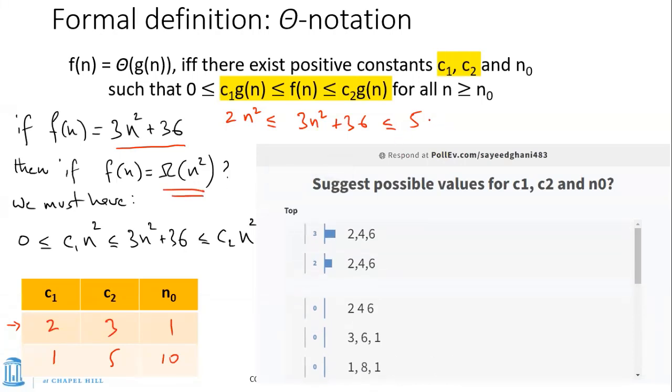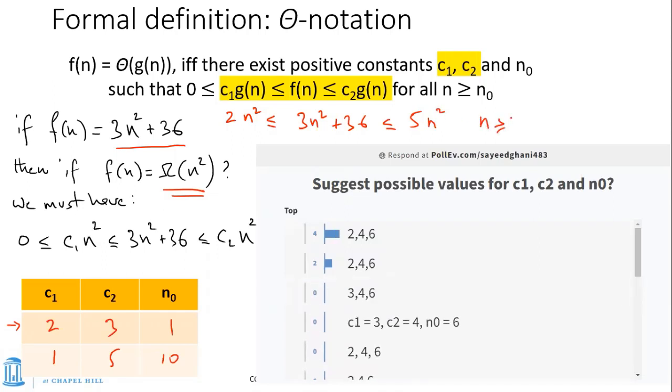So I'm looking at the first situation that somebody suggested. Is this true? 2n squared is clearly less than or equal to 3n squared plus 36 for n greater than or equal to 1, but both conditions have to be satisfied for n greater than or equal to n naught.